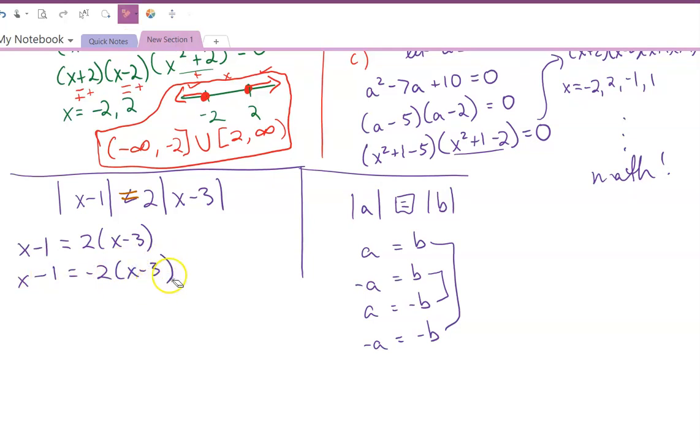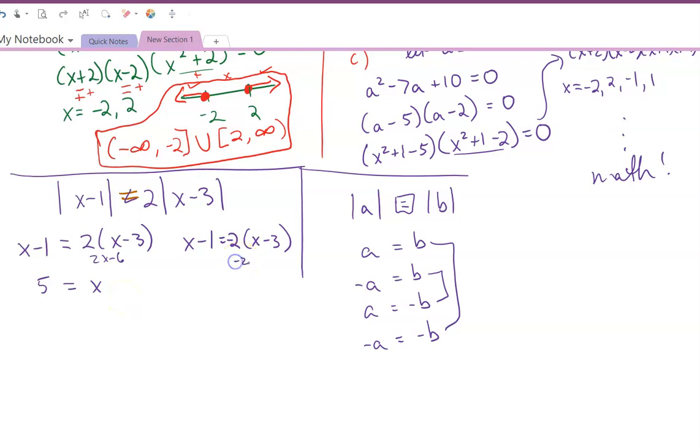Okay, so now I have two different equations to solve. So this would be 2x minus 6, subtracting x from both sides, adding 6 to both sides, I get 5 equals x on that side.